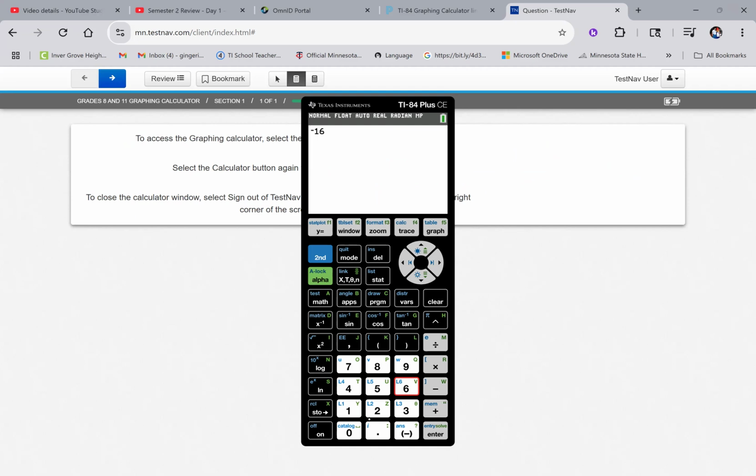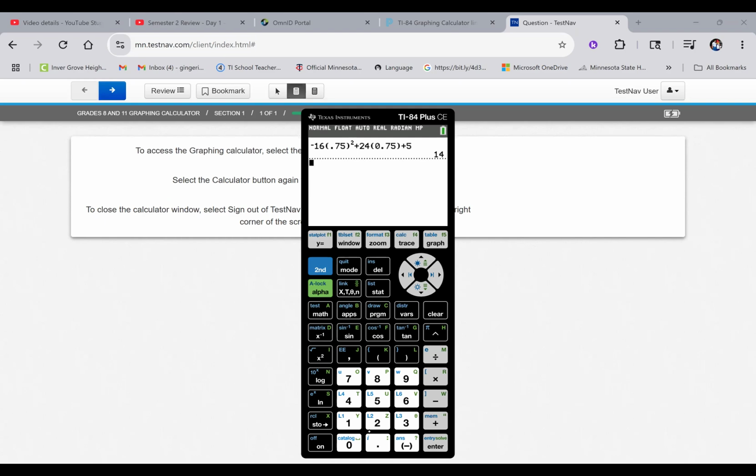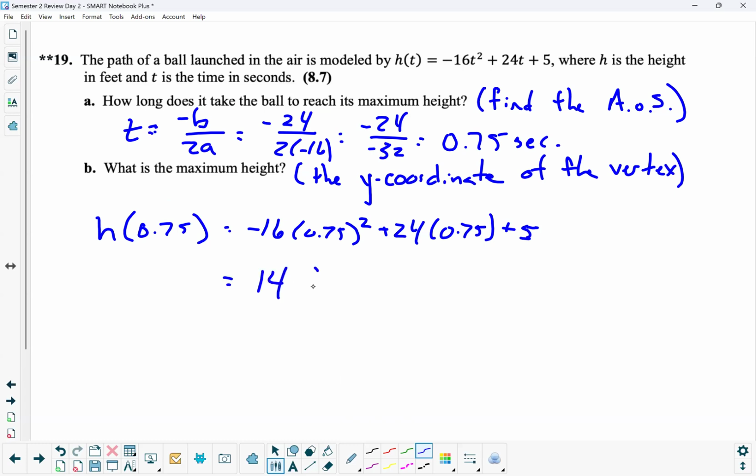And our equation, -16 times 0.75 squared plus 24 times 0.75 plus 5. And we find our answer to be 14. So that would be 14 feet is the maximum height.